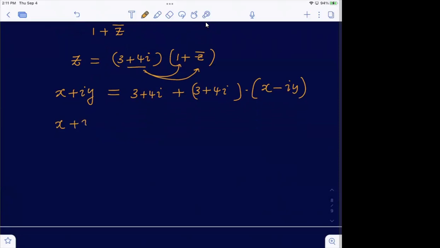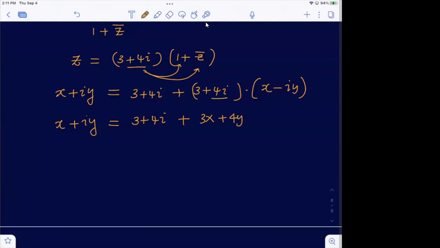So x plus iy. Now this part is none other than a regular product. So 3x minus 4... actually turns out to be plus 4y, because it's i squared together with a negative sign.